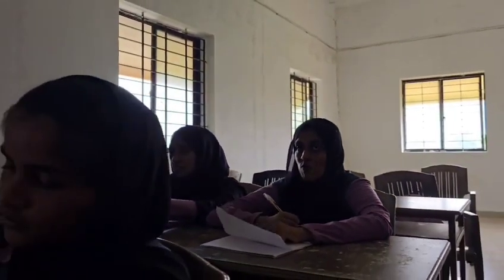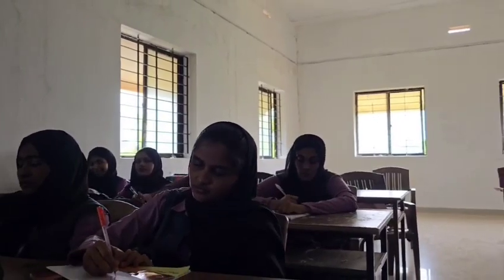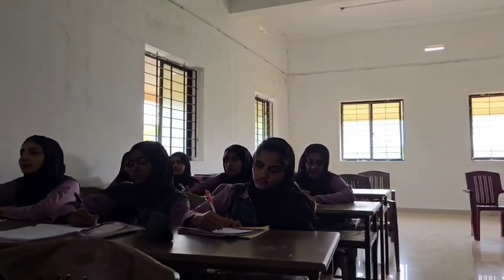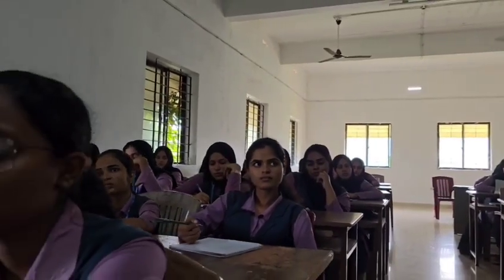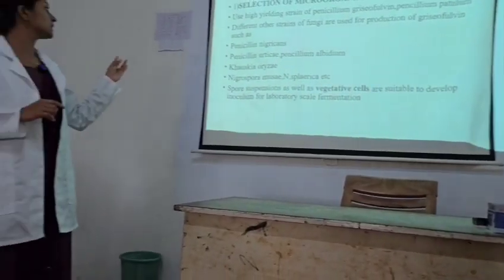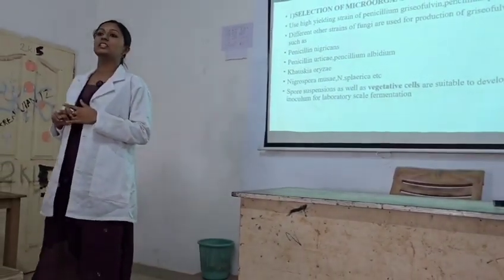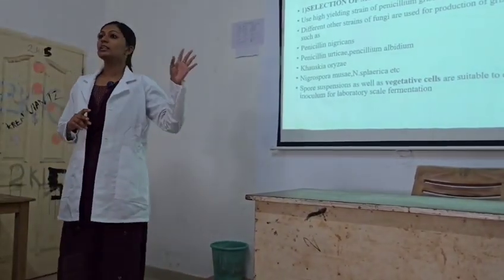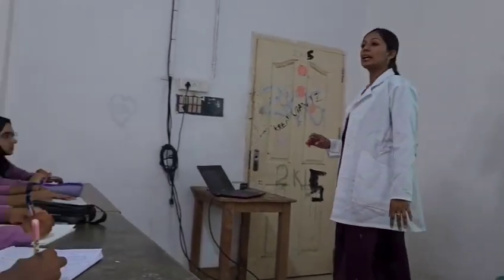Also we use different microorganisms such as Penicillium nigricans, Penicillium urticae, Penicillium albidum, Quaskia oryzae, Nigrospora musae and Nigrospora sphaerica, etc. These are the other fungal strains used for griseofulvin production. In laboratory scale fermentation, we can use spore suspension as well as vegetative cells.